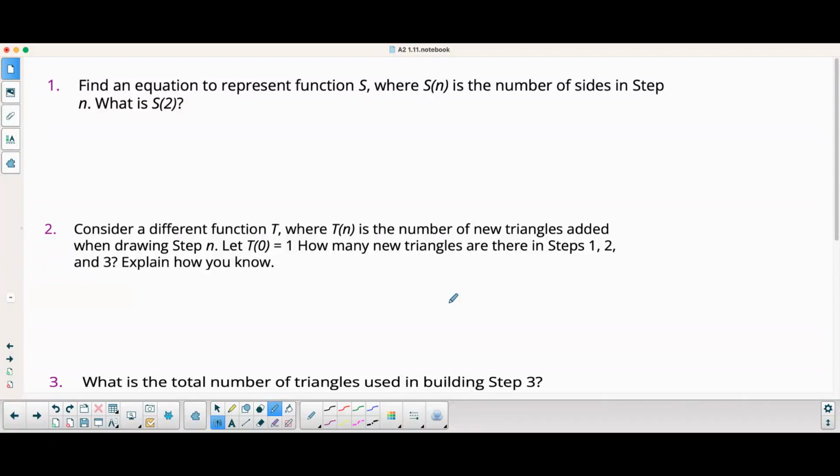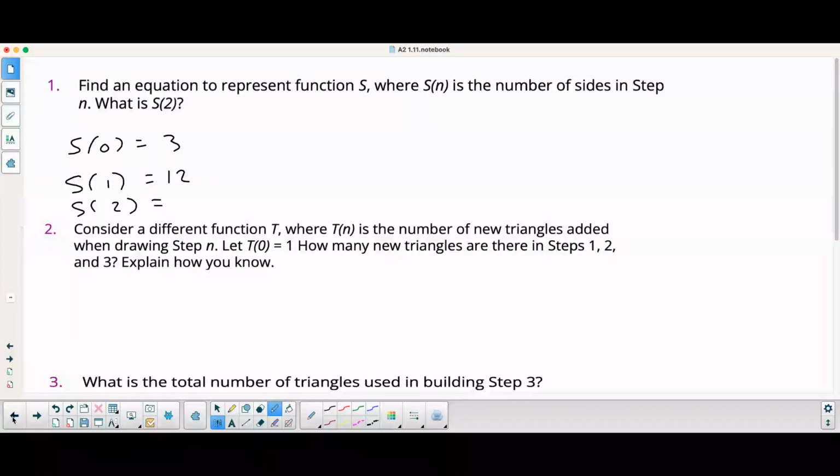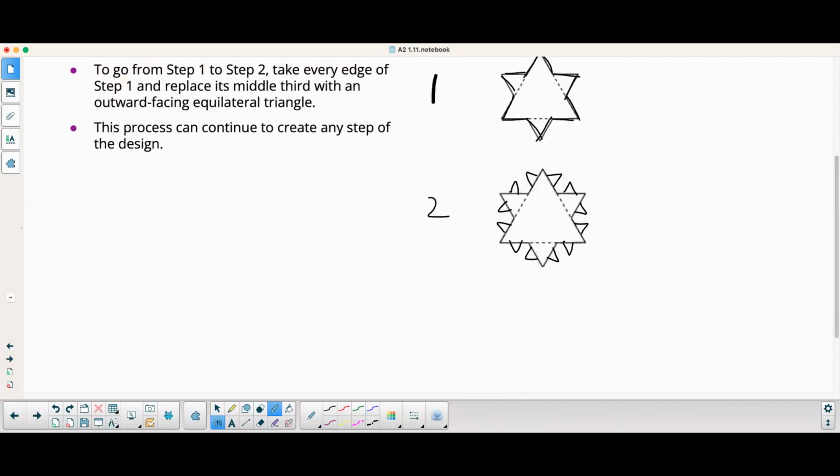Find the equation to represent function s, where s of n is the number of sides in step n. What is s of 2? So, well, let's just start here. S of 0 was 3. S of 1, S of 2. So we're going to count the sides of the triangle. So here I have 1, 2, 3, 4, 5, 6, 7, 8, 9, 10, 11, 12. Then when I go here, I count all these sides up.